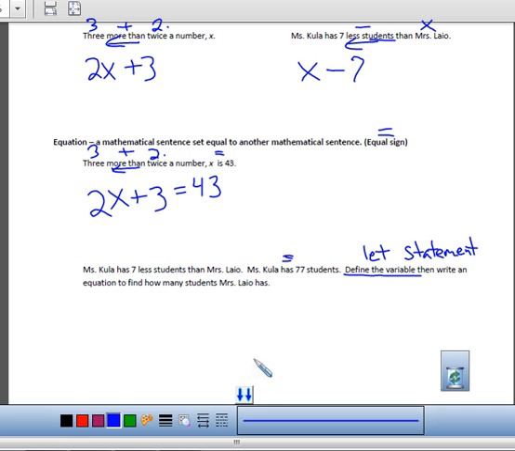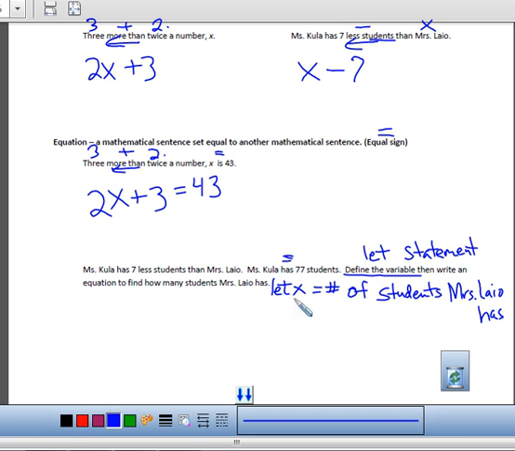So, what does our variable, usually we use x, so we're going to use it right now. So let x equal number of students, and what we don't know is the number of students that Mrs. Leo has. All right, so we know that Mrs. Kula has 7 less than Mrs. Leo.